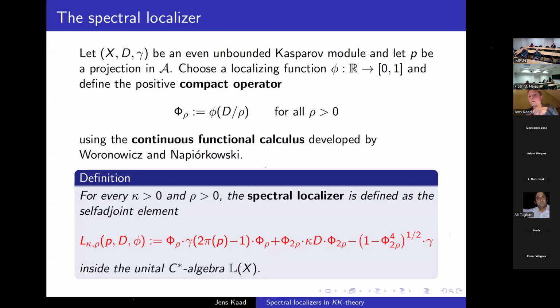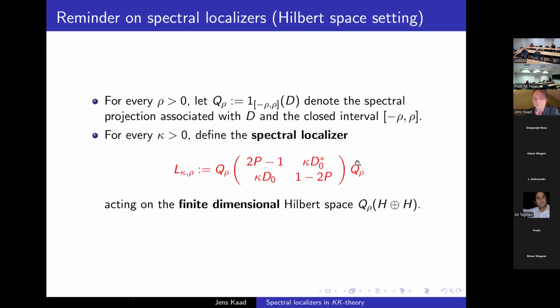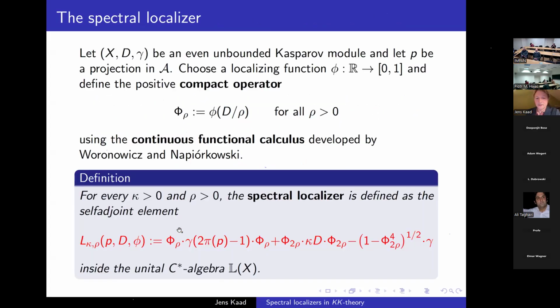But in the Hilbert space setting, I'm cutting down by the spectral projection Q rho. Now, for C-star modules, I do not have the spectral projection Q rho, so instead I use my localizing function. And I cut down here with phi rho, that is my replacement for the spectral projection. And here I cut down with phi 2 rho, so for a slightly larger index.